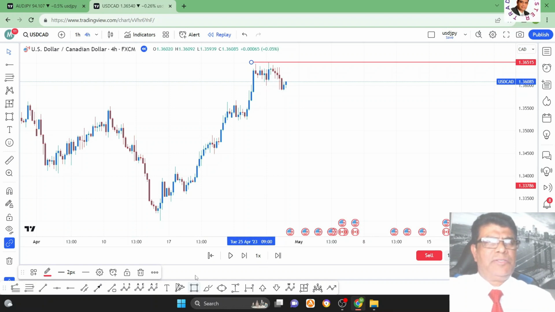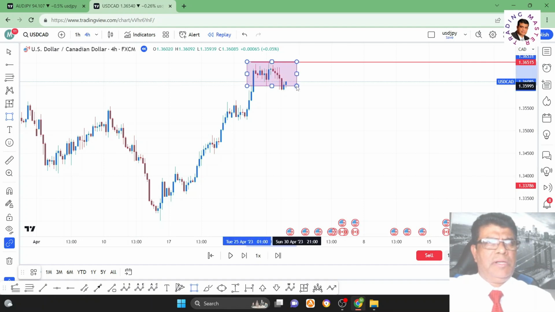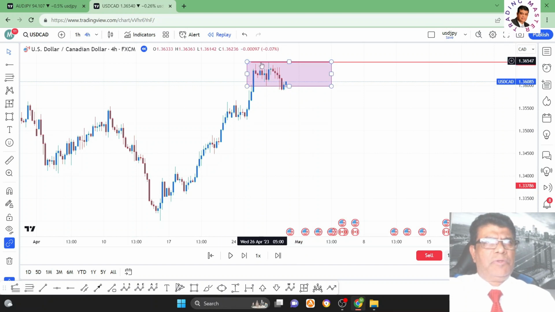So now as soon as I saw this, this area is my order block. Okay, actually this candle created the order block. Now remember I said earlier that in this case I will be taking a short position, and my stop loss would be somewhere right here.